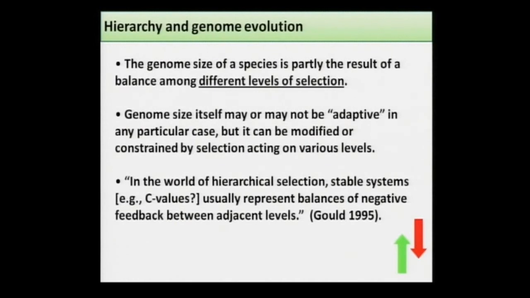So I want to just take a second and think about how hierarchy theory and thinking about multi-level processes can help us understand what otherwise have been mysterious observations about genomes for 60 or 70 years.